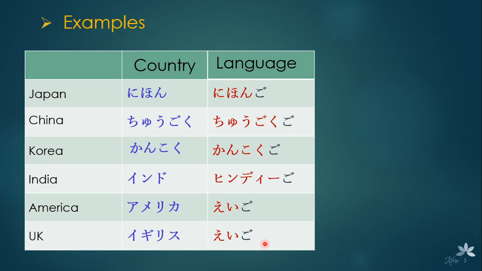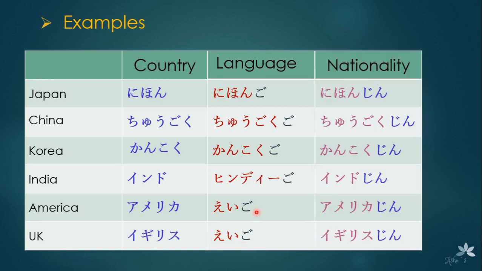Okay. Now let's see how to make the nationality. To the same country name, add jin as a suffix. So you get Nihonjin. Nihon with jin is Nihonjin, which means a Japanese person. Chugokujin, Chinese.